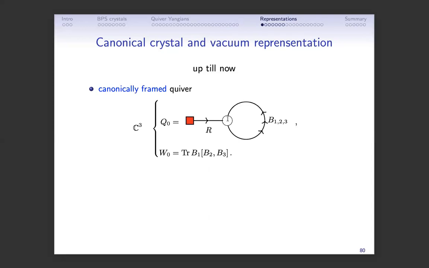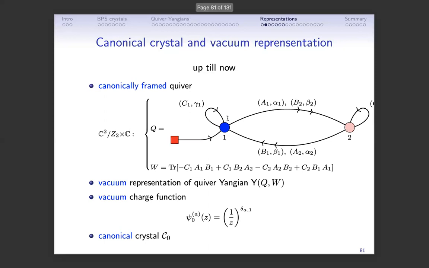That particular vertex is where you start your crystal. This is the C3 case, and this is the C2/Z2 times C case. In our convention we always label the framing node as one, so they correspond to the vacuum representations.